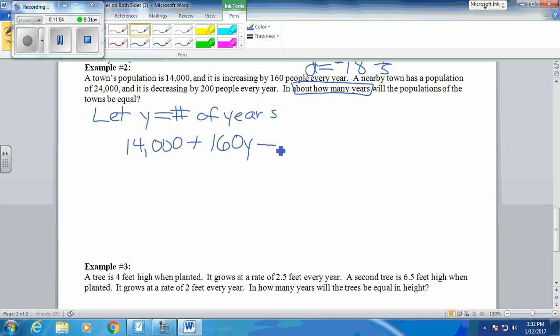Then we're saying that when is that going to be equal? So I'm putting my equal sign. And then the other town has a population of 24,000 currently, but they are decreasing their population by 200 every year. So that's going to be minus 200y.